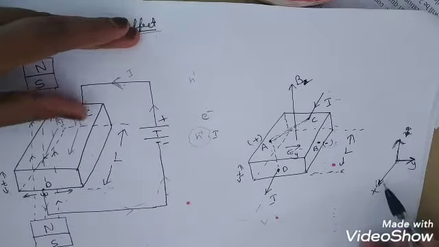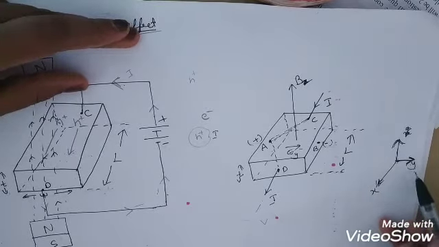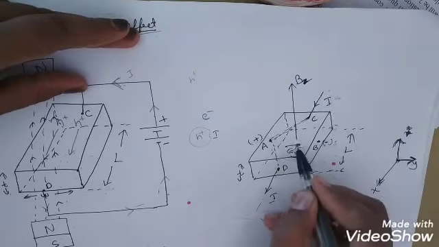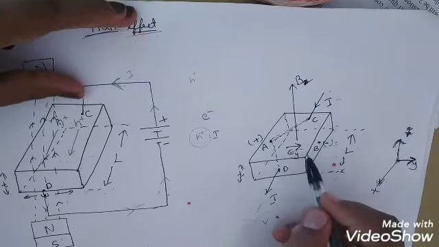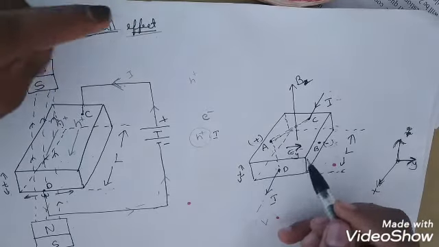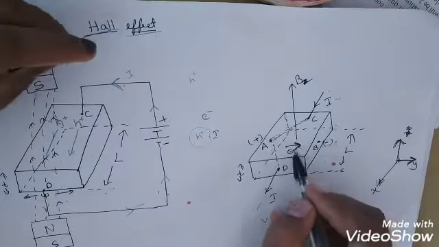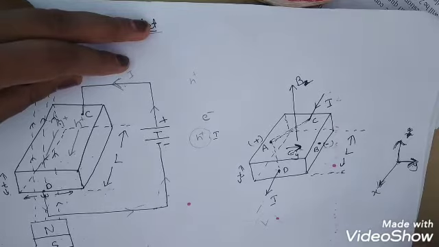What is left is only the Y direction, where we can see from the figure the electric field produced because of this Hall effect. By introducing the magnetic field, the electric field, that is the potential difference we are getting, will be in the Y direction. Clear?